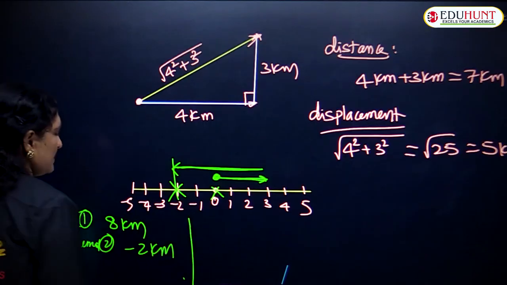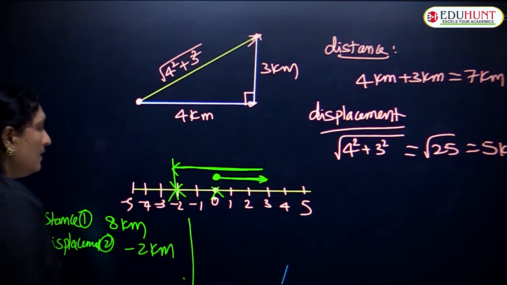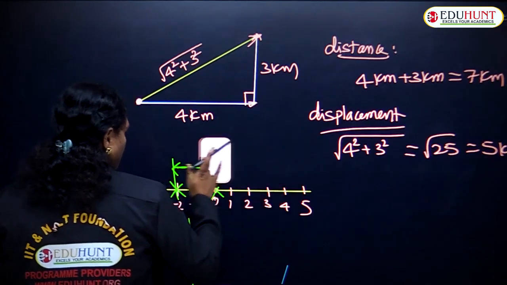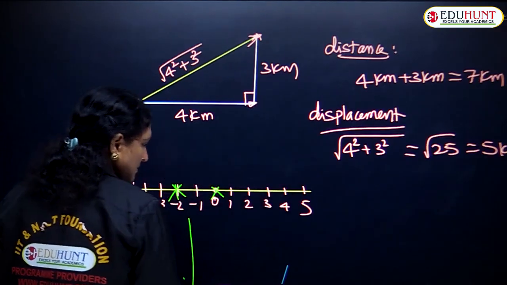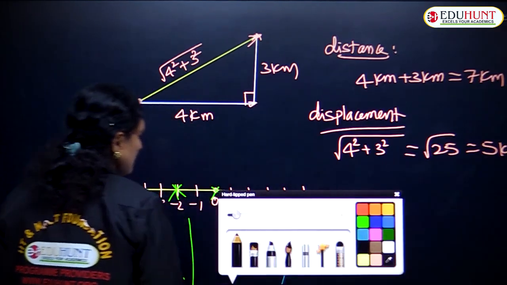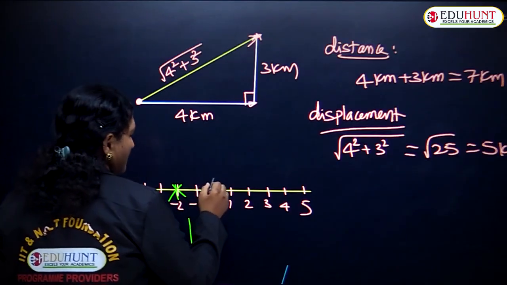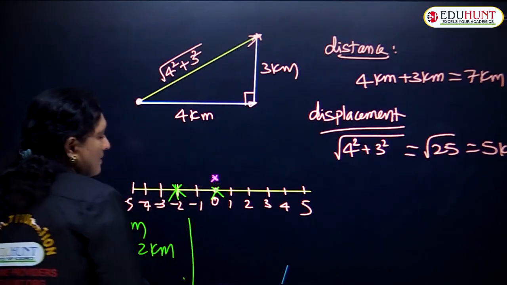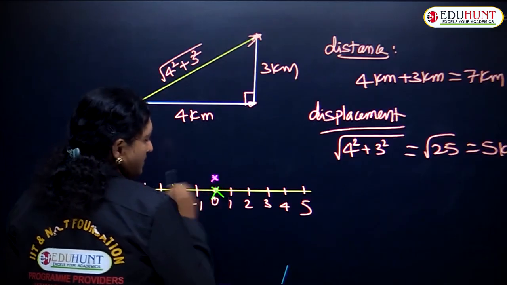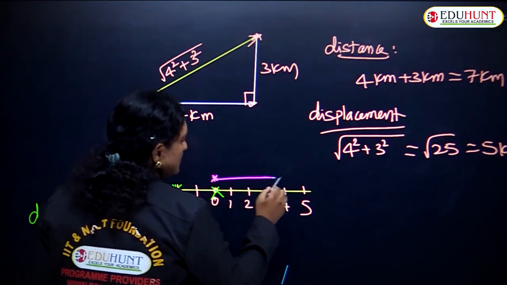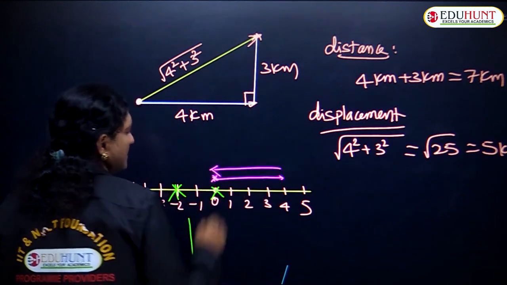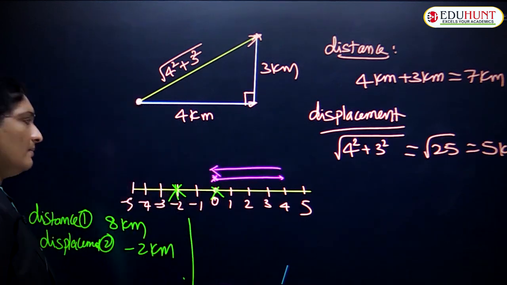Let us go with example 2. Let us suppose that a person started his journey from origin, moved a distance of 4 kilometers, and again reached back to the initial position.